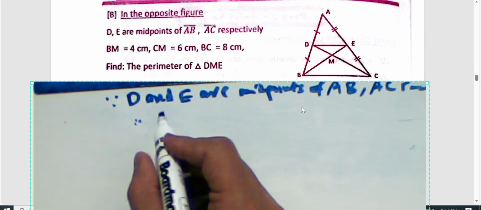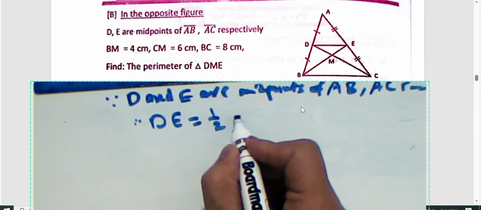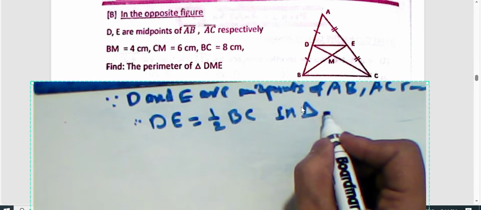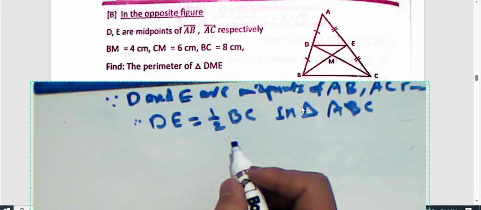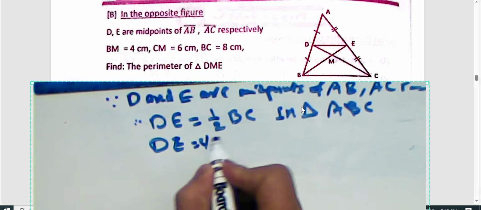Then DE will be half of the length of BC in triangle ABC. Okay, DE half of BC. Then DE will be equal 4 centimeter.